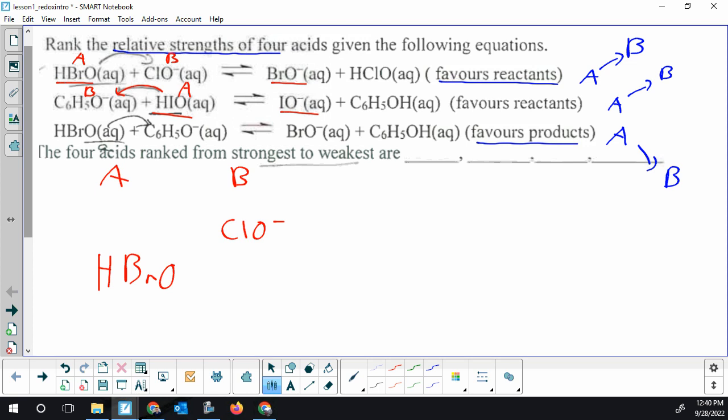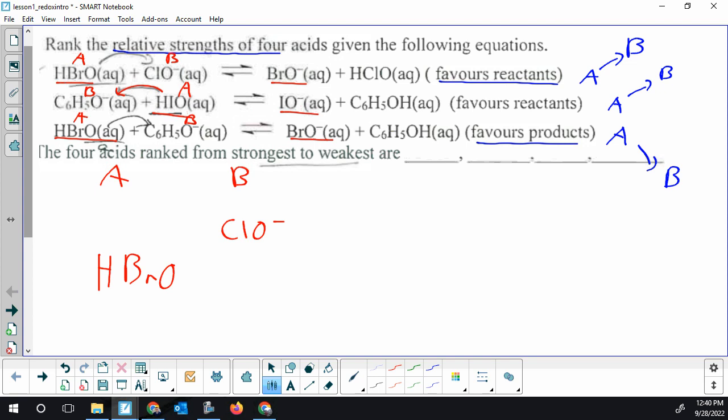If we look at the bottom one, it's products favored. This is where the acid will be above the base. My HBrO, there's the Br, and it's losing an H, so that's our acid, and the other chemical is our base. Okay. Now I'm going to analyze this bottom one because this HBrO is already in my little skeleton table.